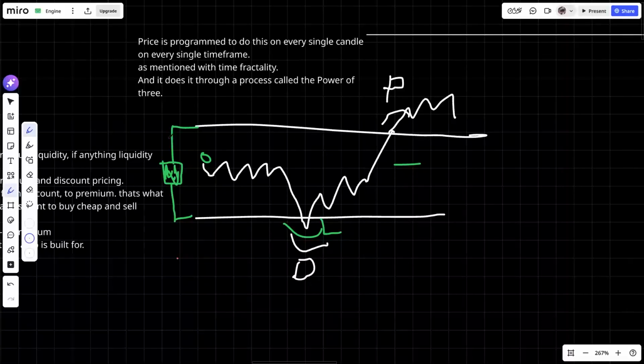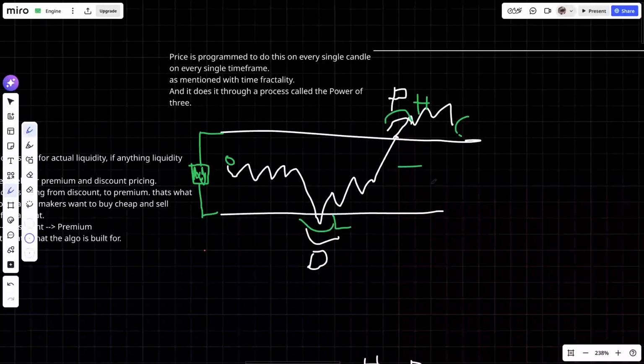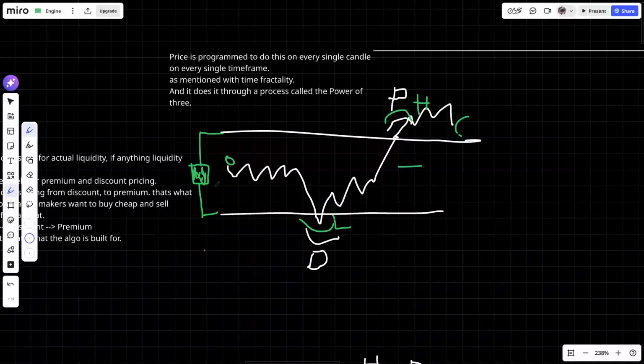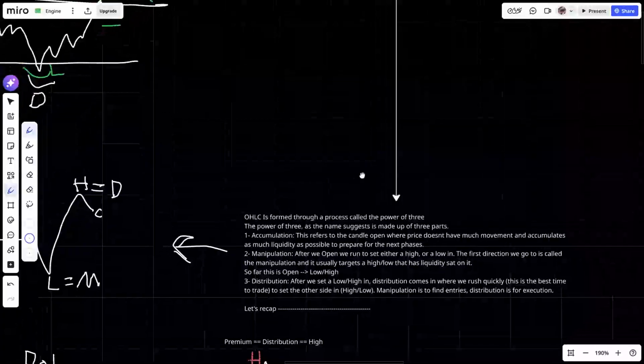They trade that all the way to the drawn liquidity on the other side. Open, low, discount, high, premium, and then the candle closes. Pretty much all that this is. Let's go over here now.